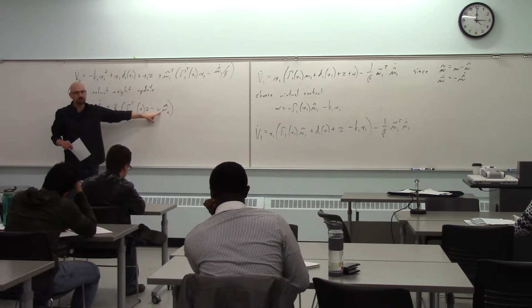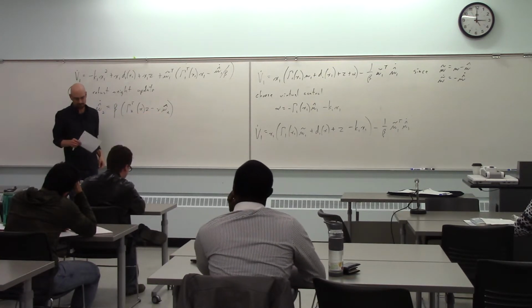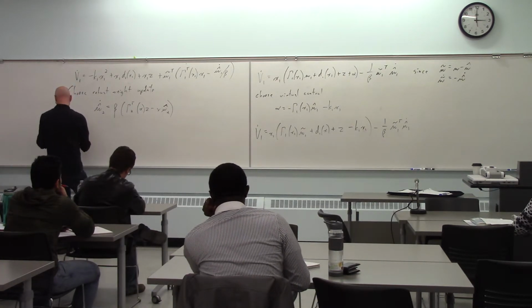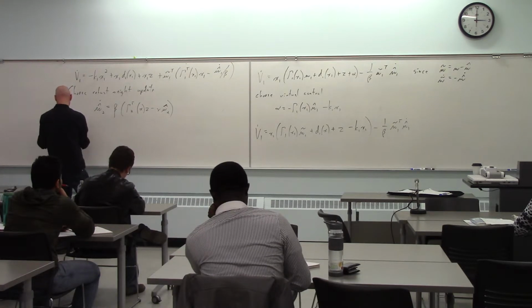And leakage was the simpler one where I just had nu times the weight. So I'll just use the simpler one here.